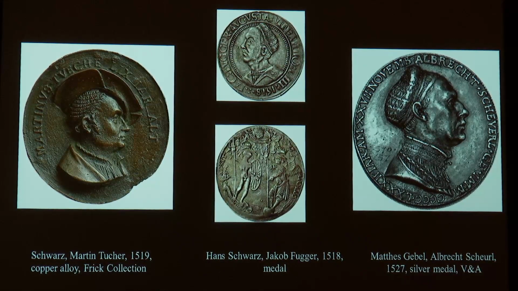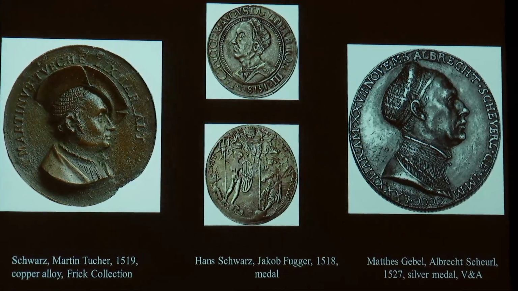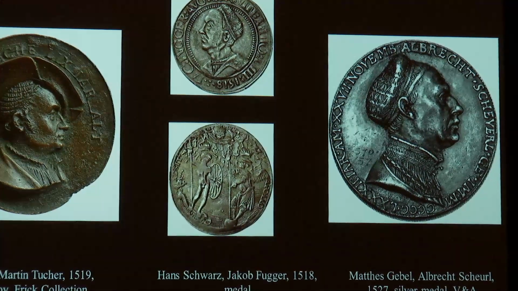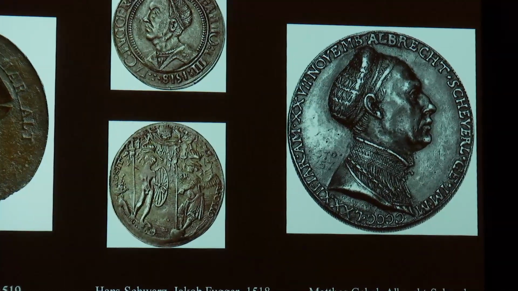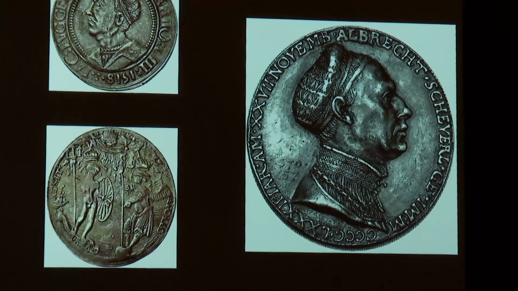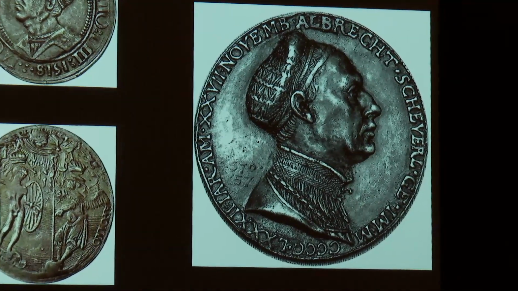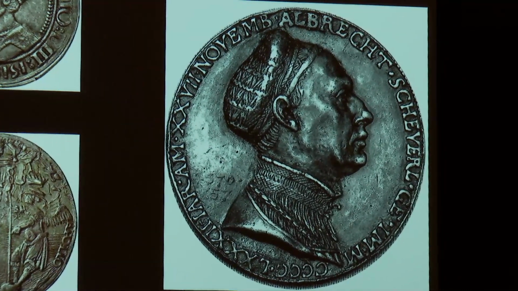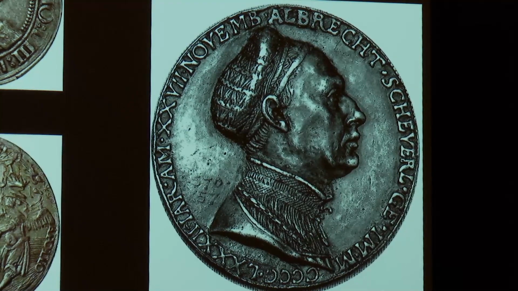Matthias Gebel's depiction of the Nuremberg patrician Albrecht Scherl on the right is cast in silver and also speaks to the region's commercial interests and the sitter's identity. Scherl was a silver assayer and mint warden in Saxony, as well as part owner of a silver mine in Bohemia.